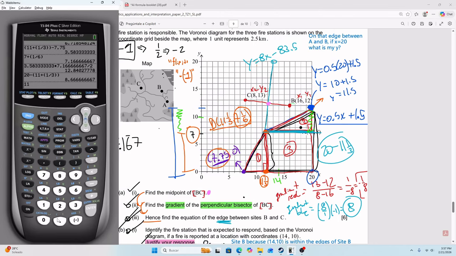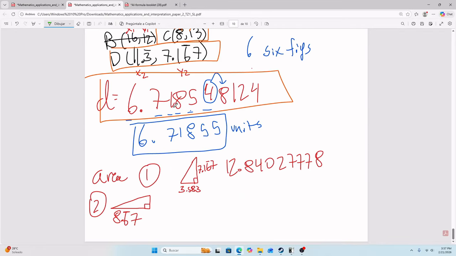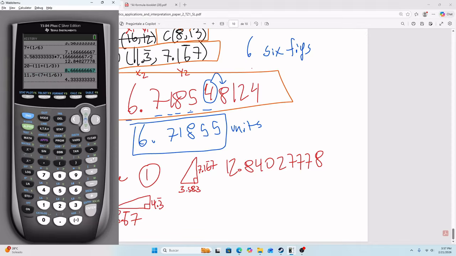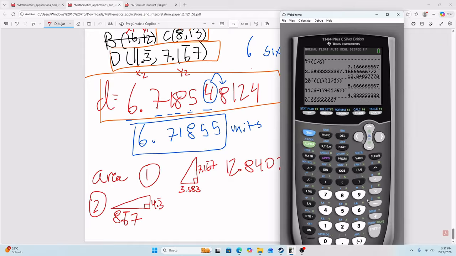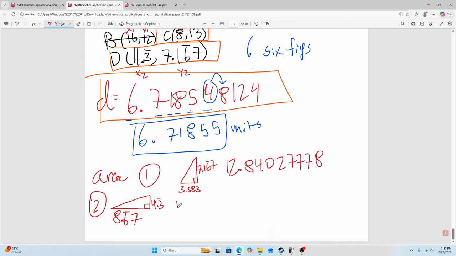So 11.5 minus the 7 and 1/6 gives you 4.33333. So the height over here is 4.333. You do base times height once again. So base, which is that 8.67, times height, which is the 4.333, divided by 2 gives us the area, which ends up being 18.77778. So 18.7 repeating, ending with an 8.